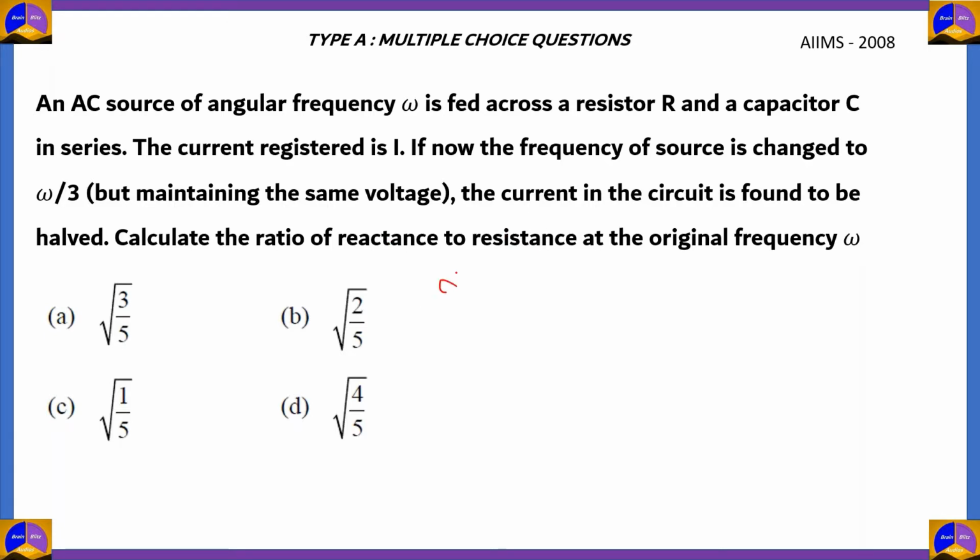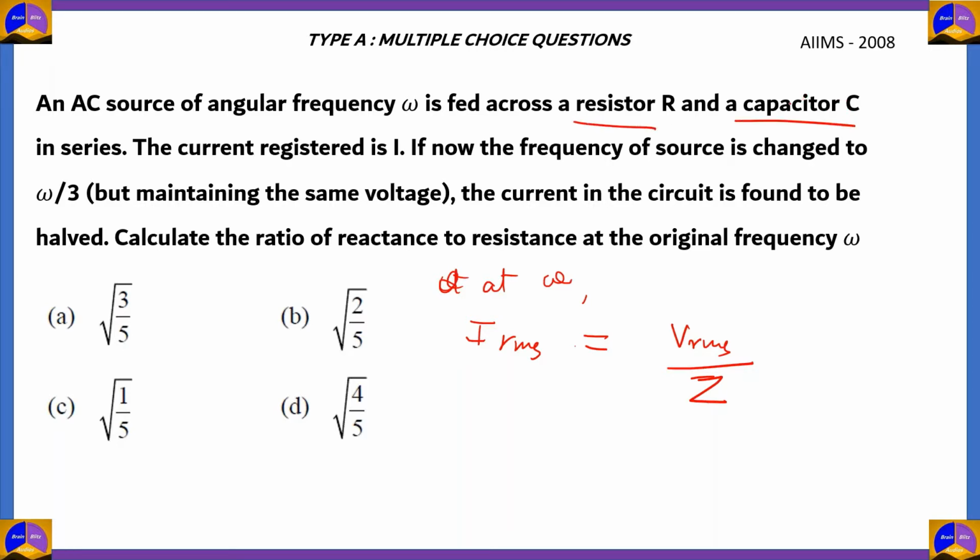In the question, it is given that at frequency omega, an AC source has an RMS value of current, and it will be equal to VRMS divided by Z. VRMS stands for root mean square value of voltage, and Z stands for the impedance, because over here we have a resistor and a capacitor.